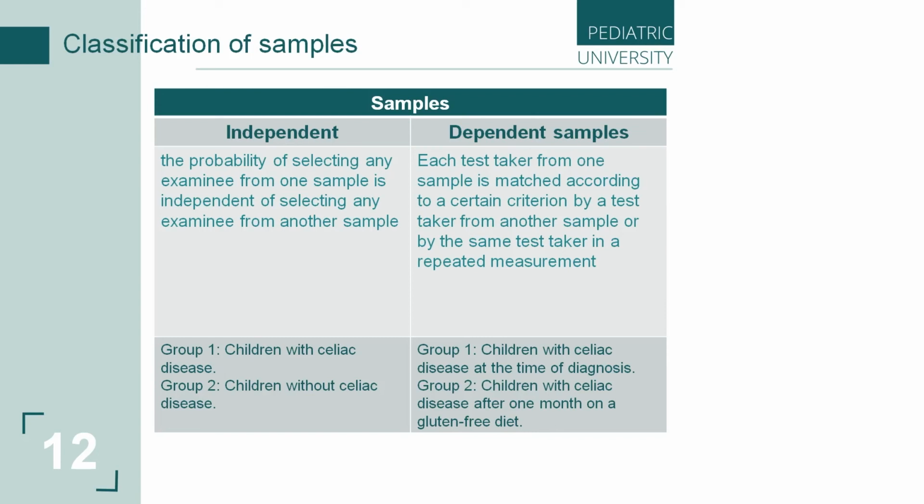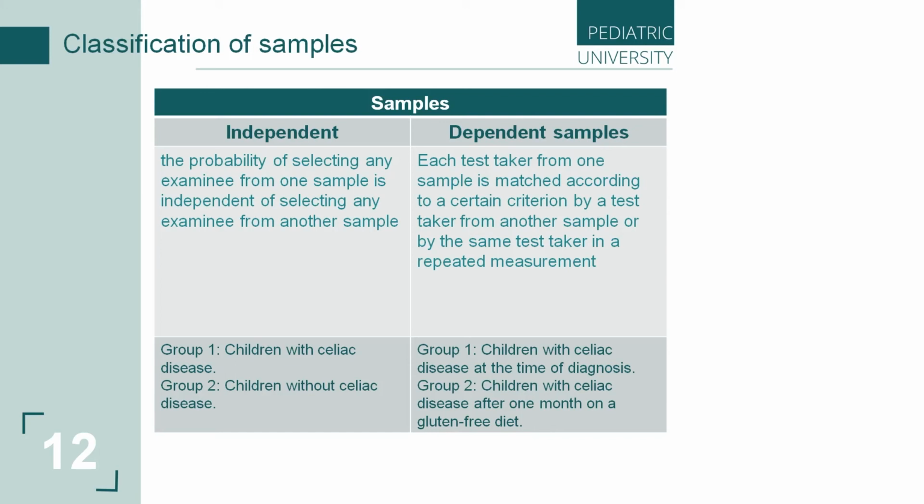For example, we put children with celiac disease into the first group and children without celiac disease into the second group. They don't overlap in any way. They are completely different children. These samples are independent.